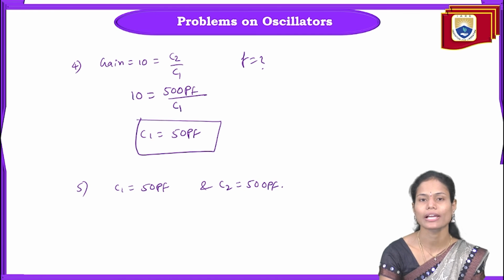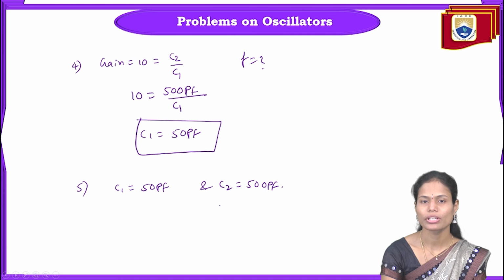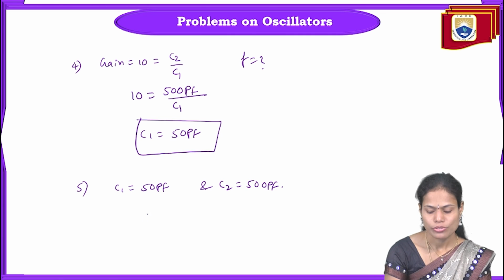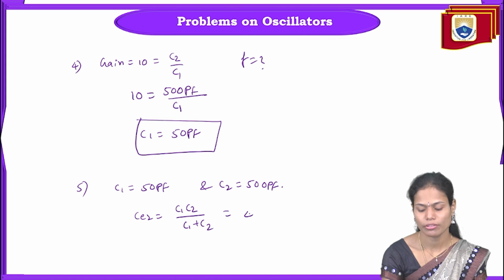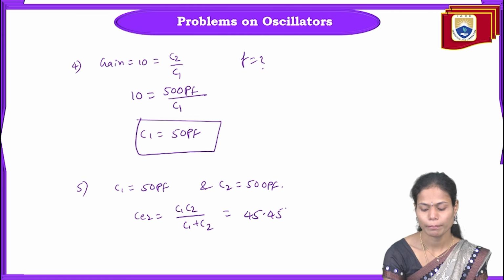With these capacitance values, we calculate the new frequency of oscillation. The C equivalent, using these two capacitances, is 45.45 picofarads.